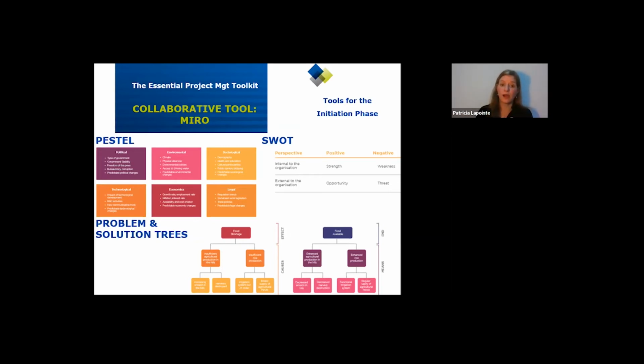Same thing, now we are in an economic and sociological crisis. What will we do given the situation? What's interesting with Miro, and I will show you an example in a bit, is that you can use the template, upload it onto the platform, and everyone can post to communicate and contribute to the analysis.